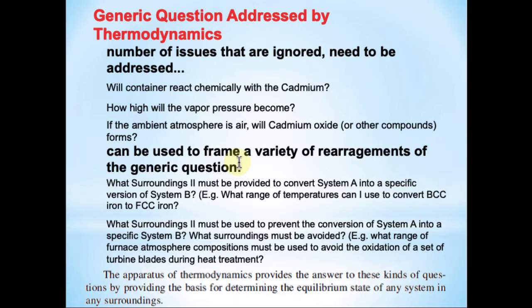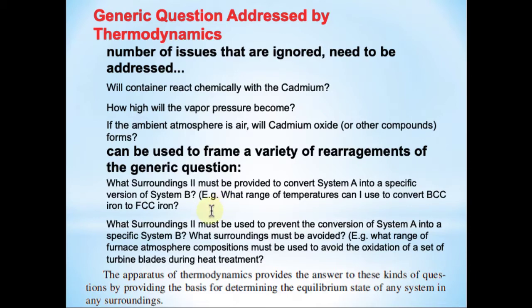The scenario shown in the figure in the previous slide can be used to frame a variety of rearrangements of the generic question, such as what surroundings 2 must be provided to convert system A into a specific version of system B. For example, what range of temperatures can I use to convert body-centered cubic iron to face-centered cubic iron?